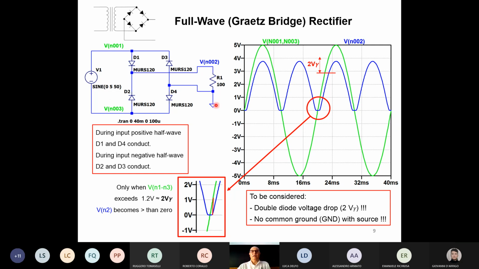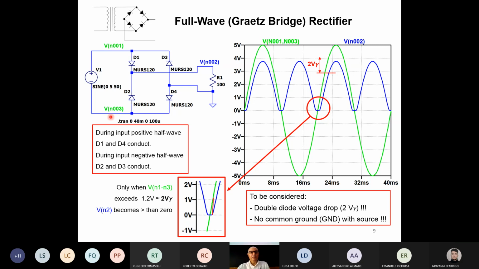If you see here the green line, this green line represents the voltage across the sinusoidal generator. But I did not use here the voltage of one node; here it is indicated V node 1, node 3. This means that the system is taking the difference between node 1 and node 3.